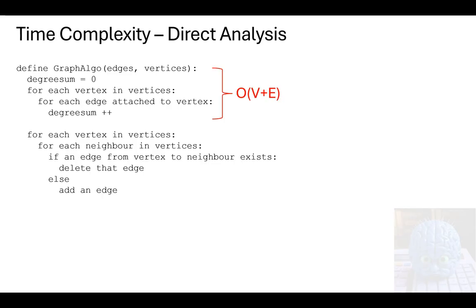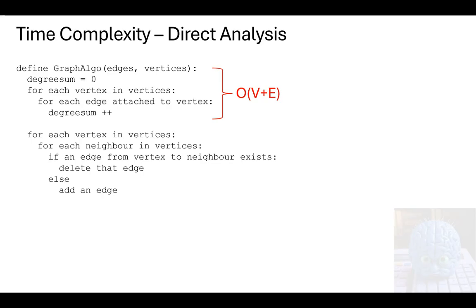So it's actually going to be big O of v plus e, because every edge is going to be counted only twice, independent of the number of vertices. Obviously, we expect them to be somewhat related, but we could deal with a very dense or very sparse graph. So we wouldn't want to assume that edges is going to go up with vertices.